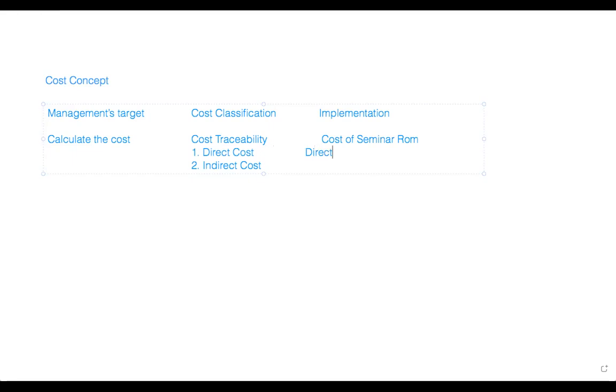It will include the direct cost, probably around $20,000, and indirect cost, which will be around $30,000.